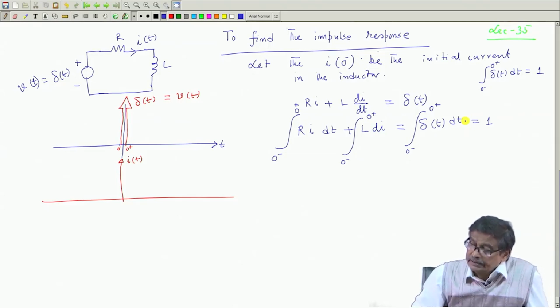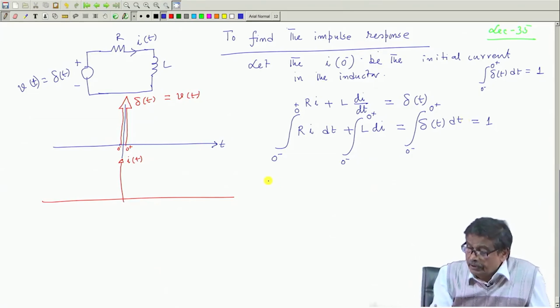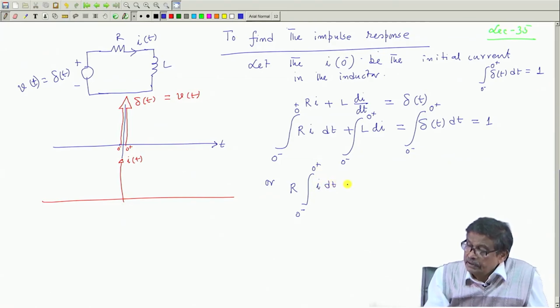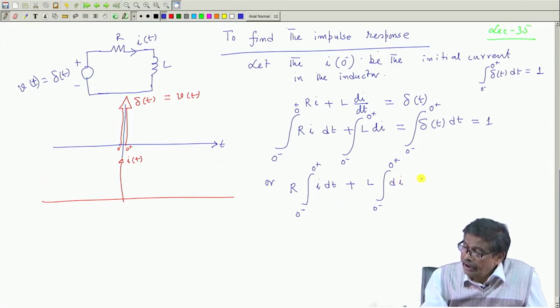Now, let us see what will be the integration of each of these terms. This one will be R times the integral from 0 minus to 0 plus of i dt, and the second term will be L times the integral from 0 minus to 0 plus of di, and the right hand side is equal to 1.